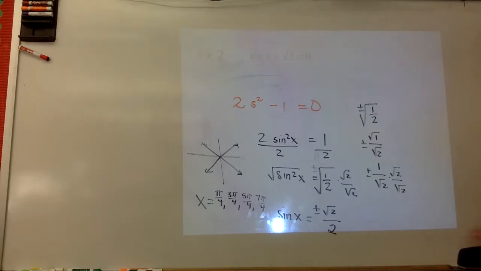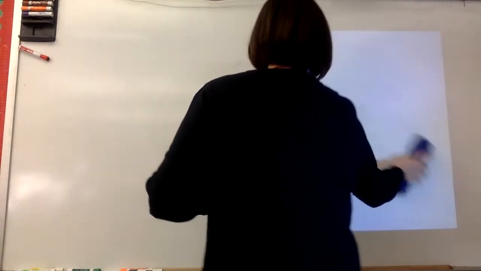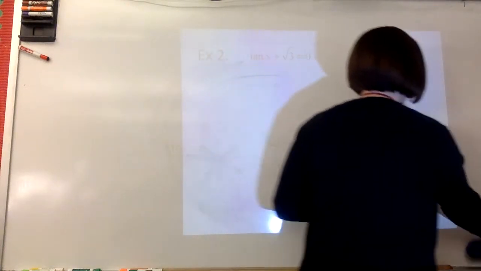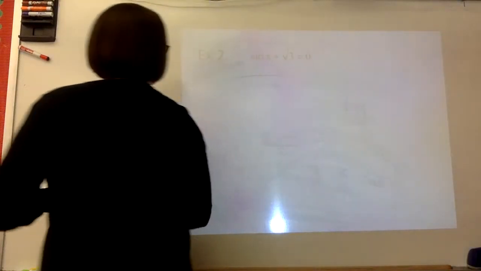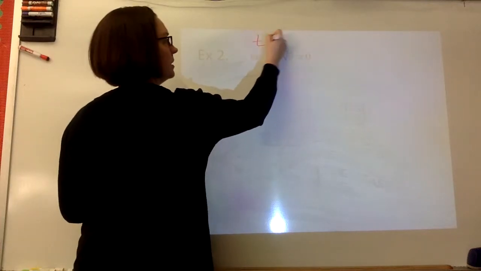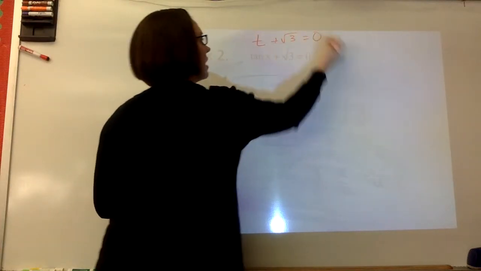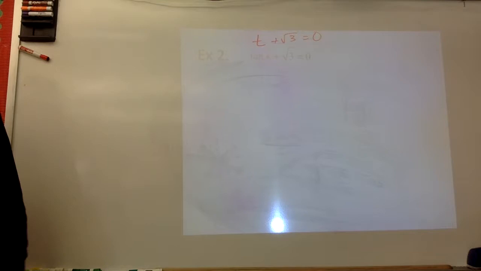All right, example 2. Moving on. If I look at example 2, I'm going to get tangent of x plus root 3 equals 0. Agreed, this is a linear trig equation. No squareds. How do you solve to get tangent of x by itself?